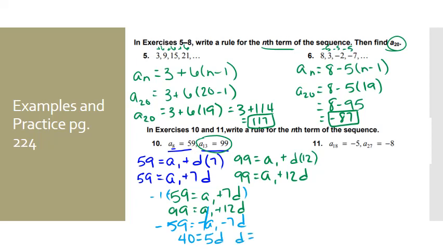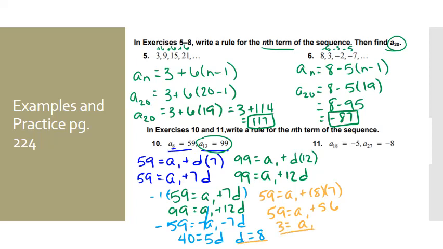So I found d pretty easily. d is going to be 8. Now I can take that d and plug it back into one of these equations. It doesn't matter which one. So I'm going to use the first one to find a sub 1, and that says d times 7 plus 56, so a sub 1 is 3.